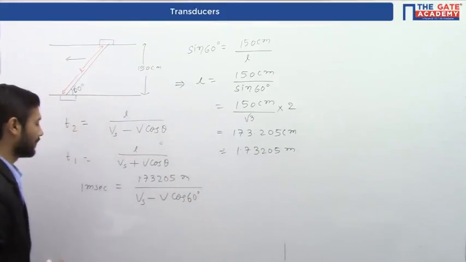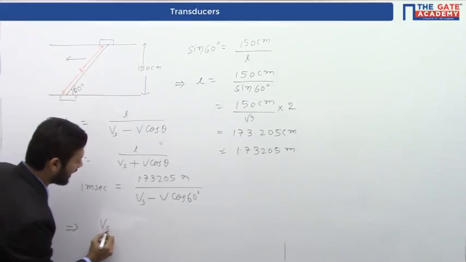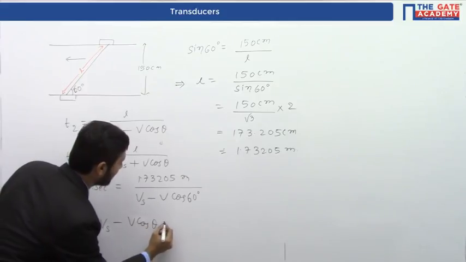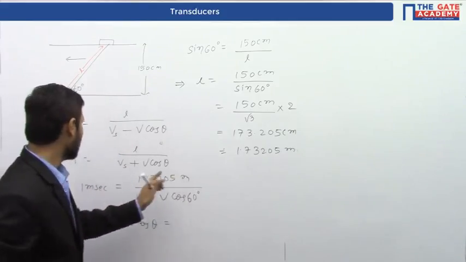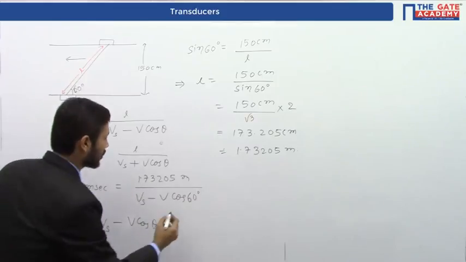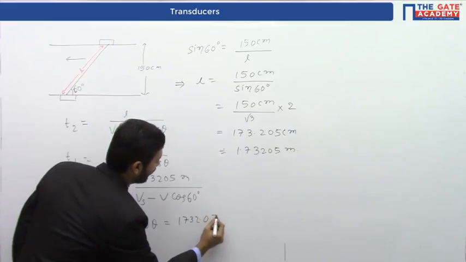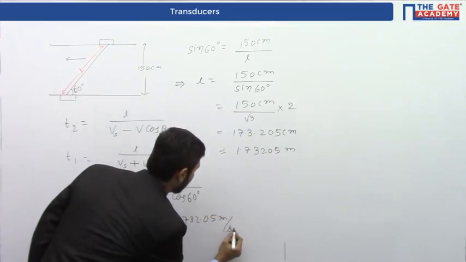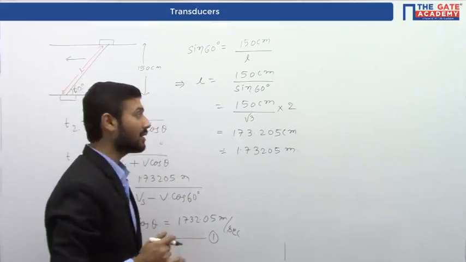So Vs minus V cos theta equals 1.73205 meter by 1 millisecond, which is 1732.05 meter per second. Suppose this is our first equation.